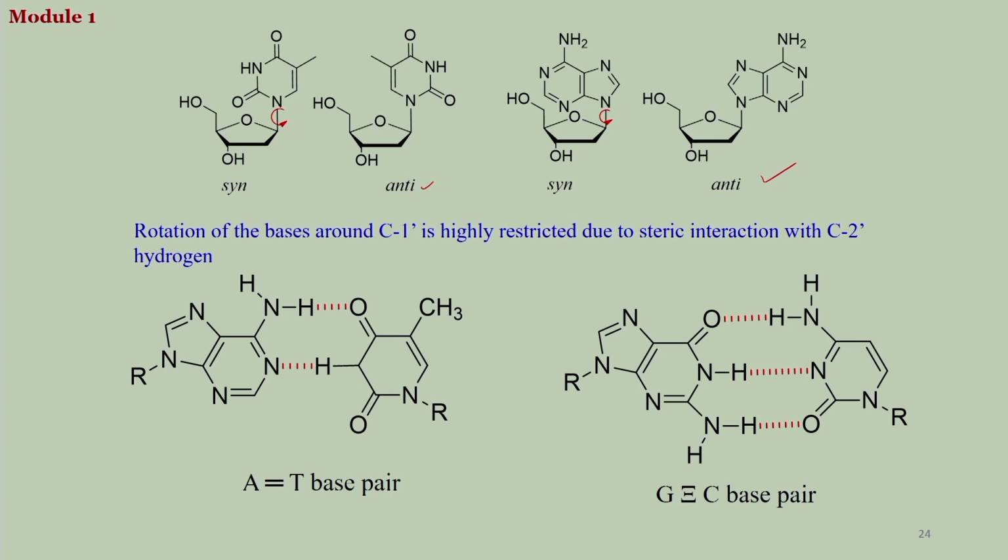This conformation is present in DNA, and that is the explanation why. Of course, it also plays a vital role in forming the base pairs. If you see, the 6-membered ring here is a little bit away from the sugar moiety, R is the sugar, and that is why it is available for hydrogen bonding.